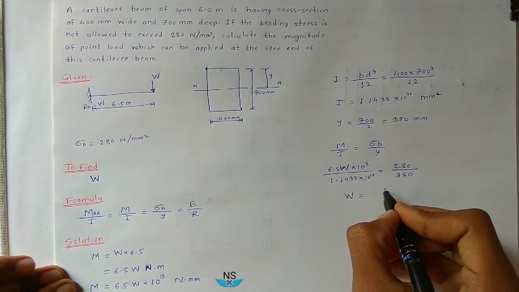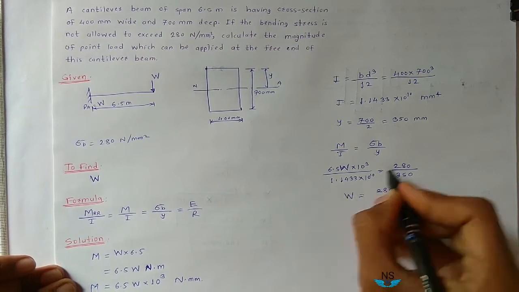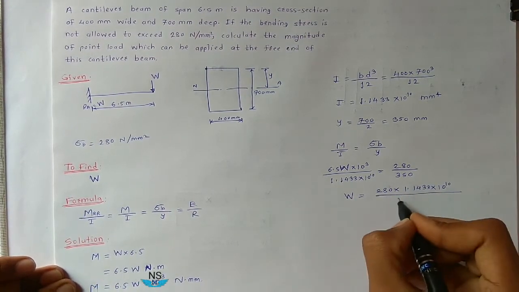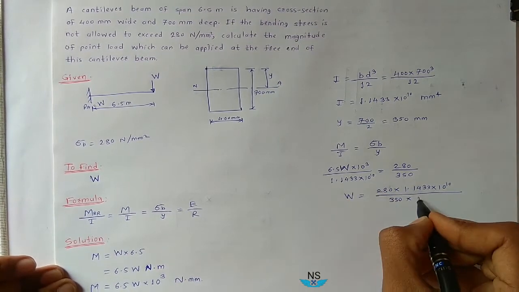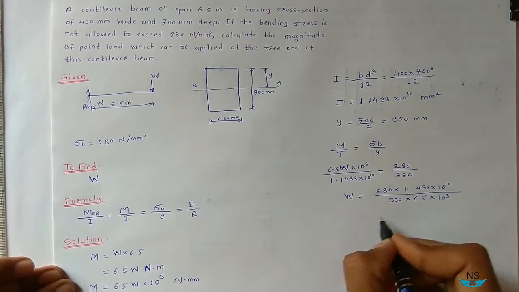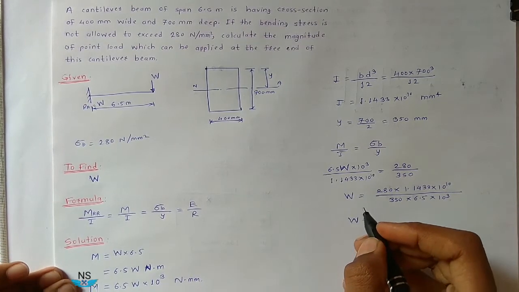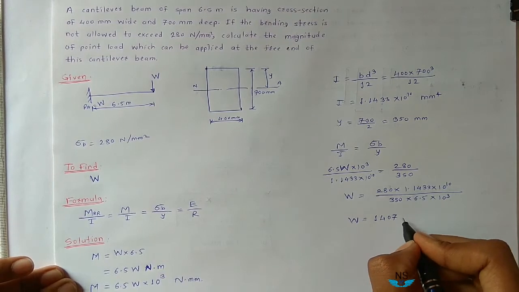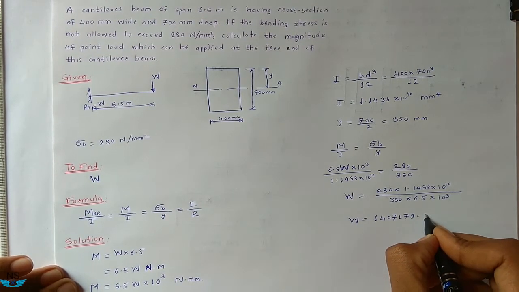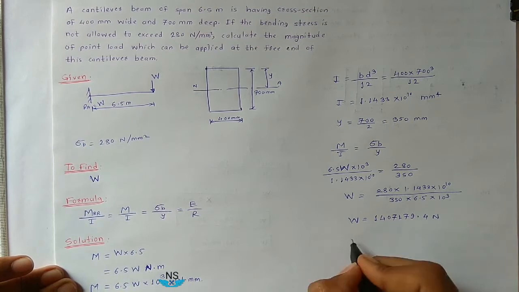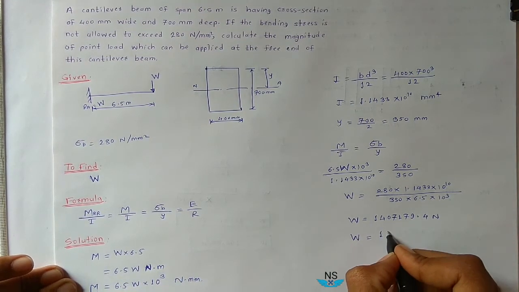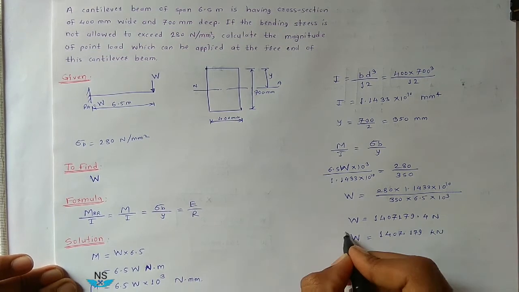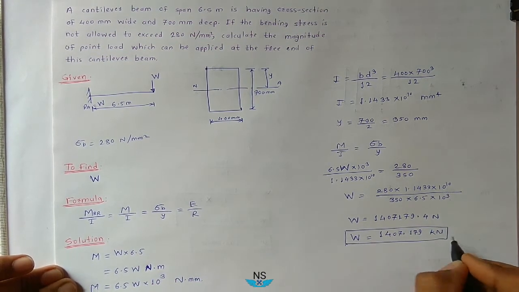So W is equal to 280 into 1.1433 into 10 raised to 10 divided by 350 into 6.5 into 10 raised to 3. So W becomes 1407179.4 Newton, that is equal to 1407.179 kilonewton. This is our required answer.